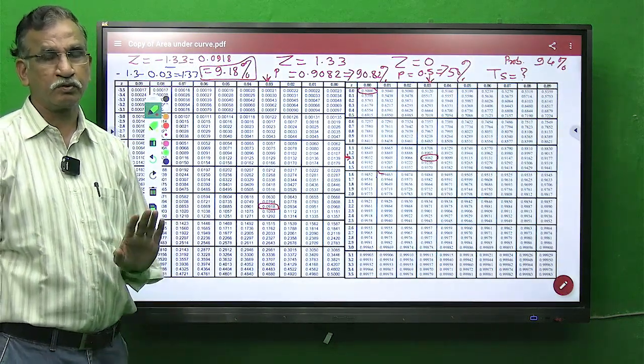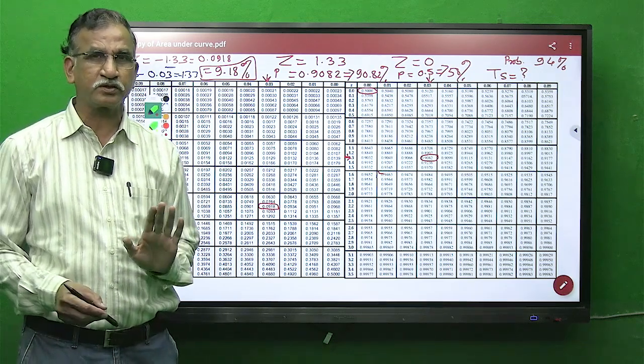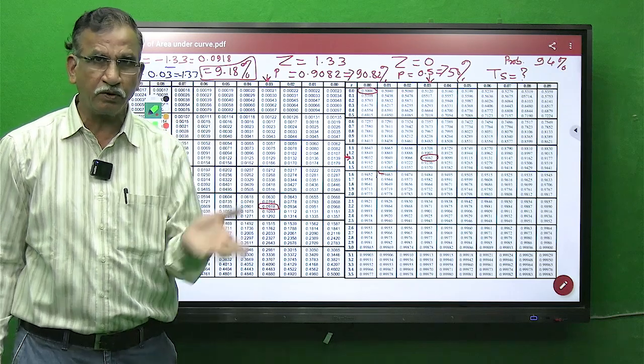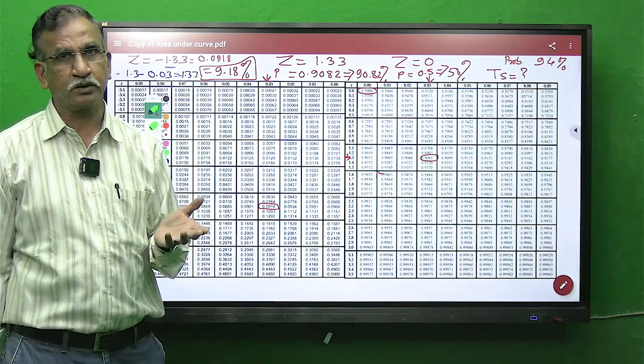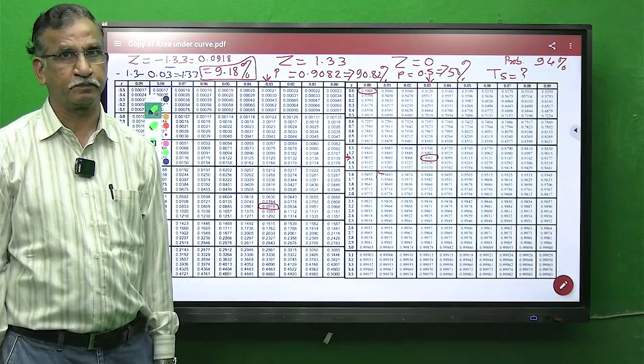So students, we have evaluated. Now let it be any change. Instead of 3 weeks, if somebody asks earlier 4 weeks, earlier 2 weeks, accordingly z value will change, and as per the value of z you are supposed to find the value of probability.